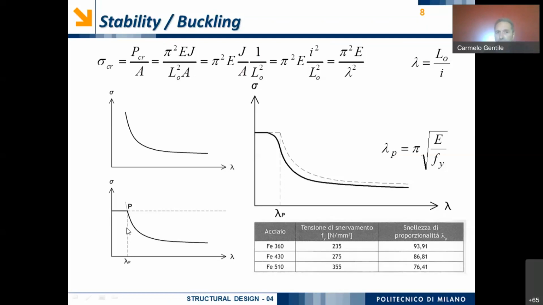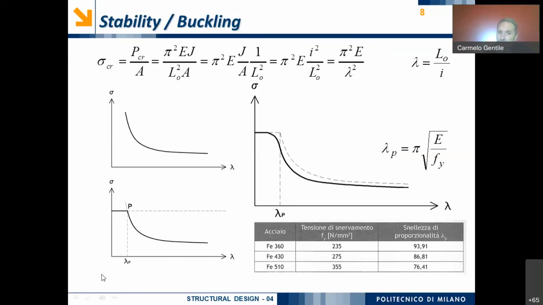So a first cut in this ideal curve is due to the fact that the value of the critical stress cannot exceed the yielding stress. So we have a first cut here corresponding to the yielding stress.